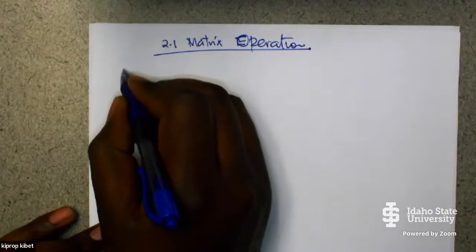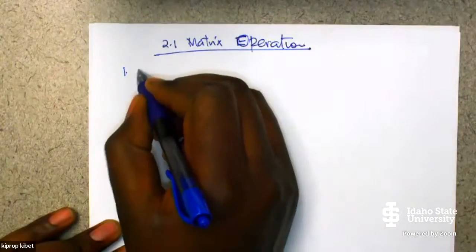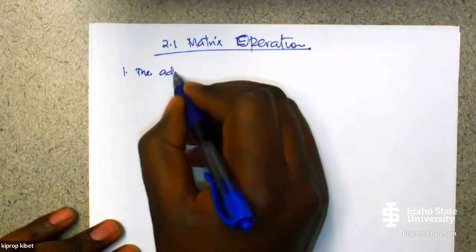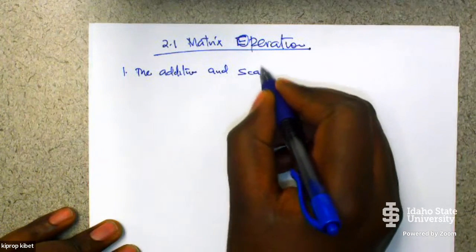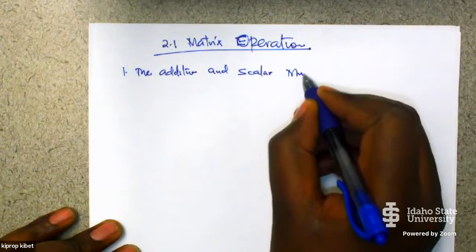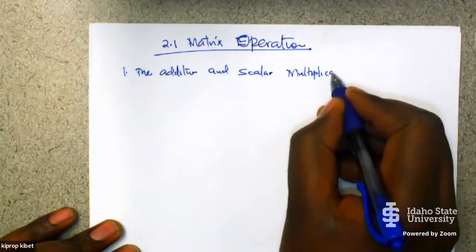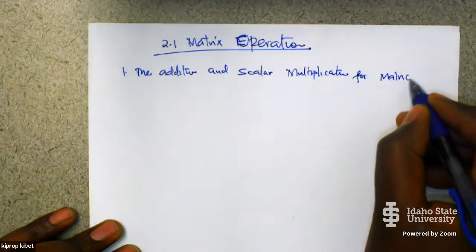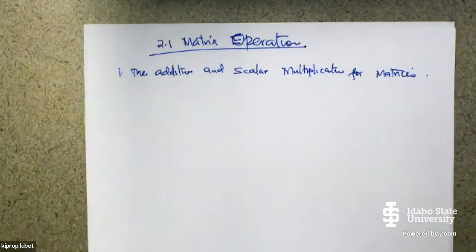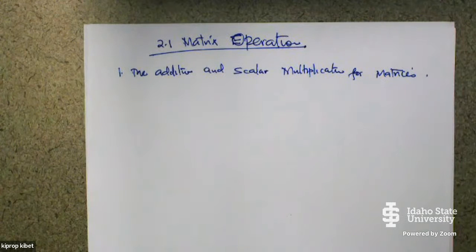Okay, so the first section that we're going to do is the addition and the scalar multiplication for matrices. Addition and scalar multiplication.